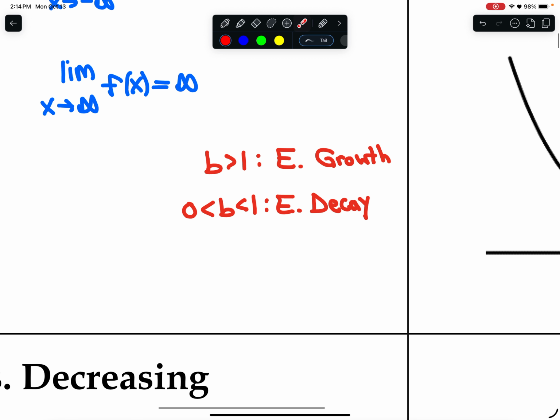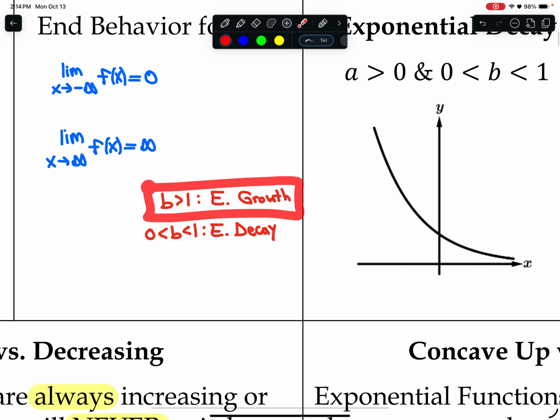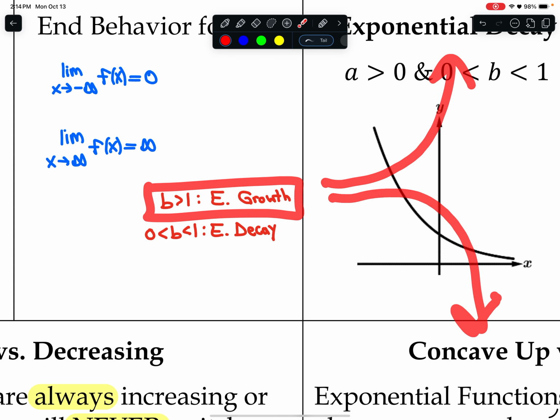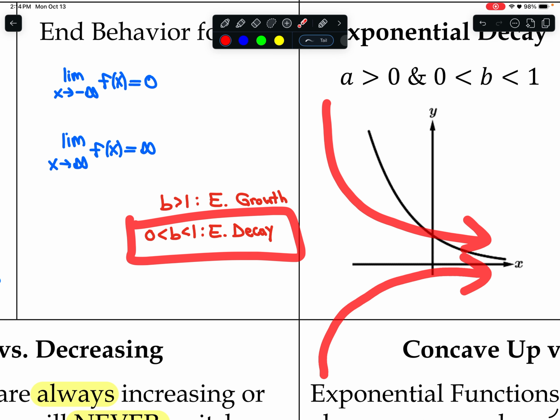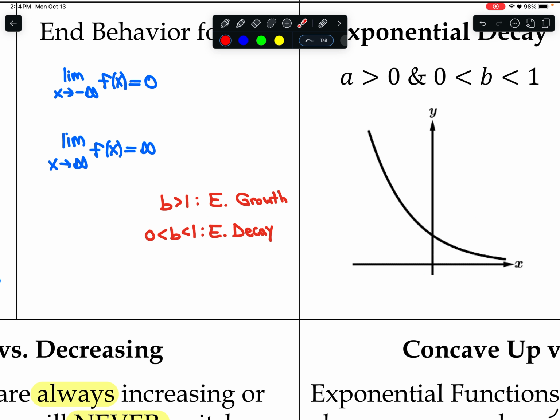Exponential growth goes away from your horizontal asymptote in either direction, whereas a decay gets closer to your asymptote. We'll look at different variations of those graphs, but this idea is pretty important.